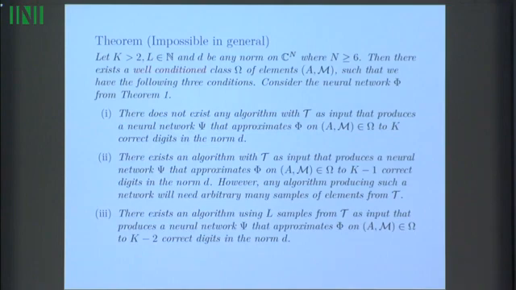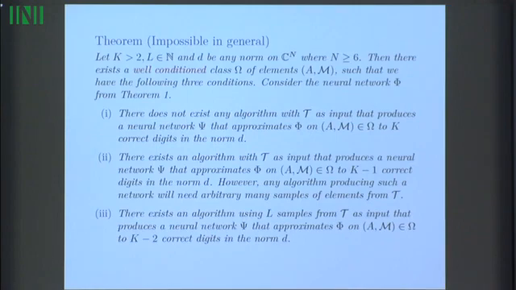There exists a well-conditioned class of modalities A and samples that you see y, such that the following 3 conditions hold. So if you consider the neural network phi from theorem 1, which is this approximation of basis pursuit, then the first thing you can say is that there does not exist any algorithm which takes the training set and produces a neural network that approximates phi on your class to k correct digits.